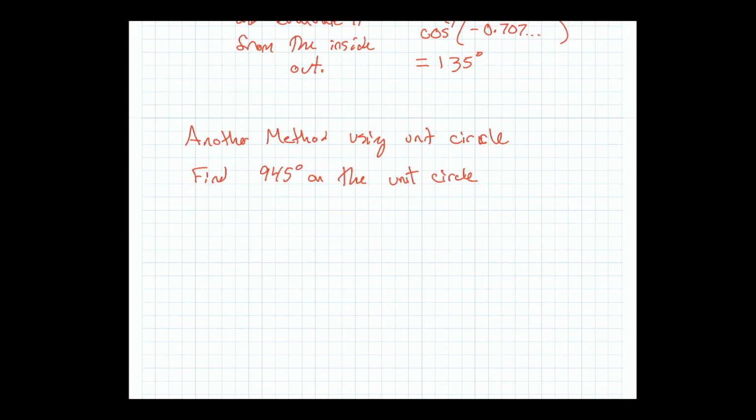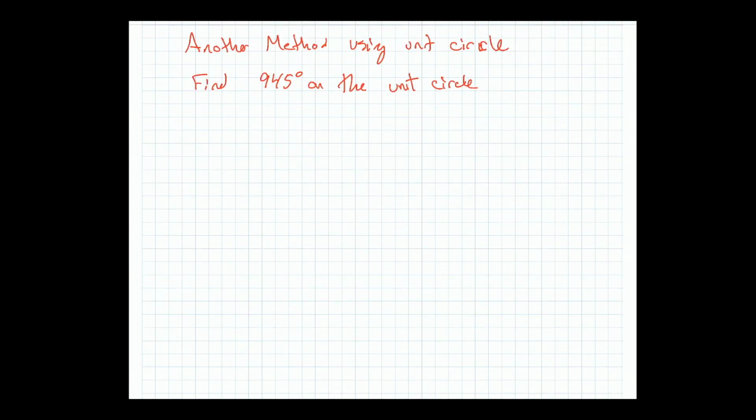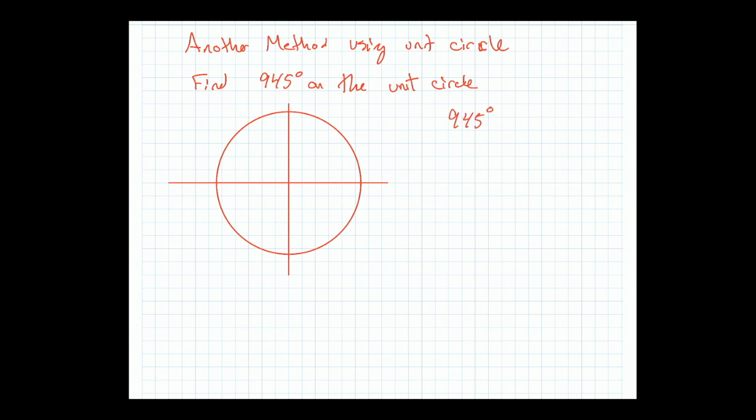So I need a unit circle. Okay, so there's a unit circle. Now 945, where is 945? Well, that's where you have to find the equivalent angle, like the reference angle.